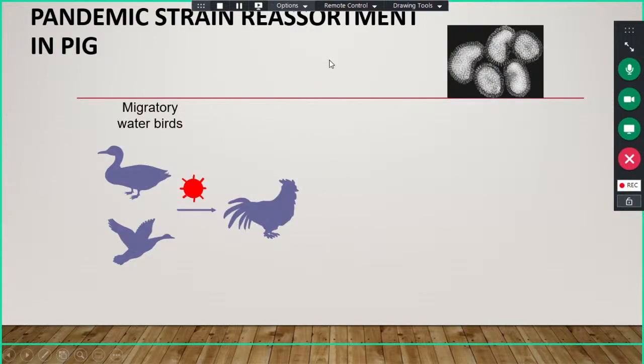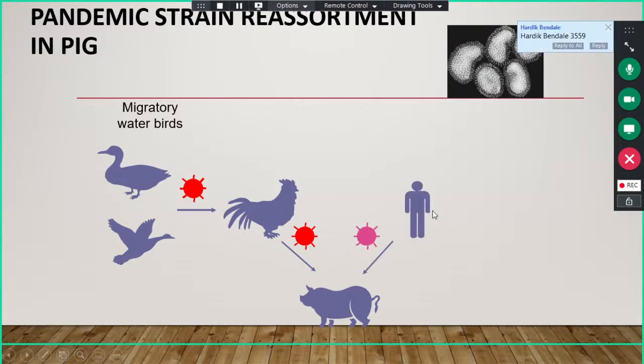So how does this pandemic strain reassortment occur in pigs? Say there are some migratory birds, water birds, they may go from one place to another and they may infect a local bird. They may infect the pigs, and a pig may get infection from a human also with a different strain of, say, seasonal influenza.